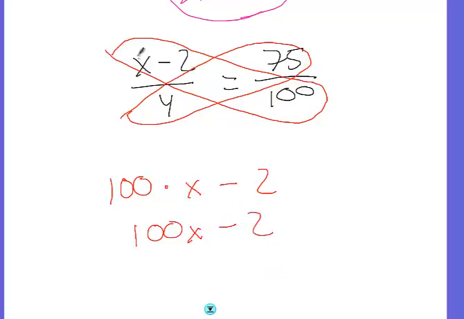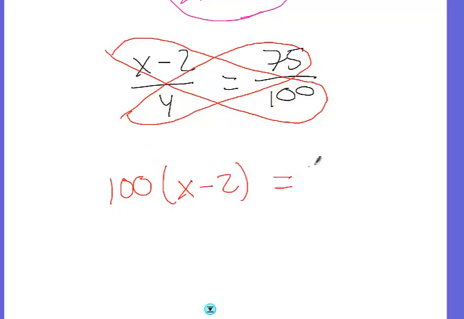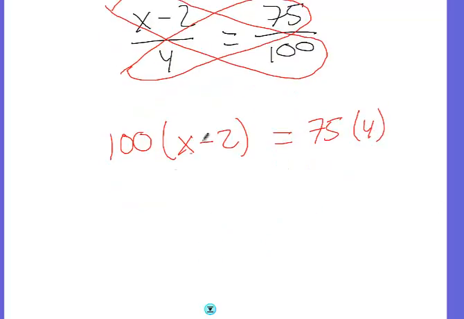This is incorrect because when you cross multiply, you must multiply 100 times the whole quantity of x minus 2, not just x. So the way it should be written, and this is the way a lot of kids don't write it, and this is why it gets confusing, is 100 times the quantity x minus 2 equals 75 times 4.